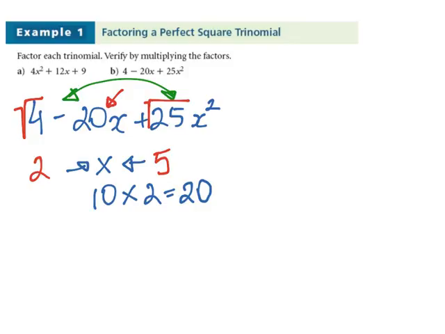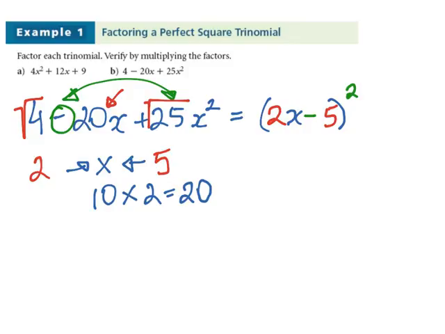So this is a perfect square trinomial. That means the answer will be the 2, the 5, copy down the x because that's the variable we're using, and now just be careful of the sign. It is negative, therefore we're going to use the negative sign. And then we put the square.